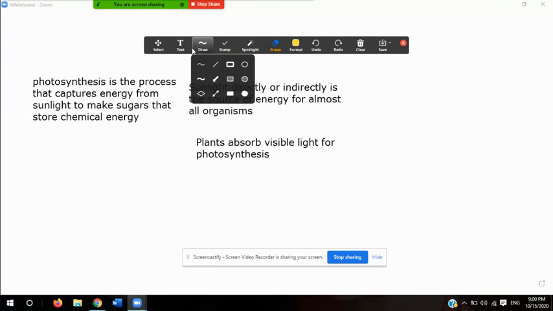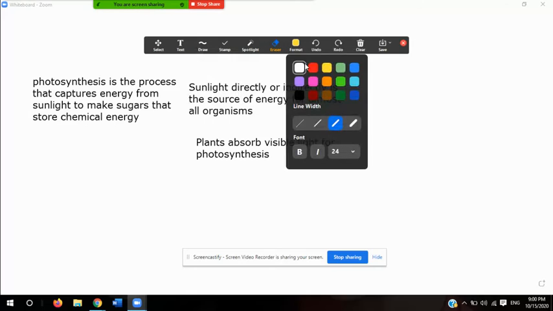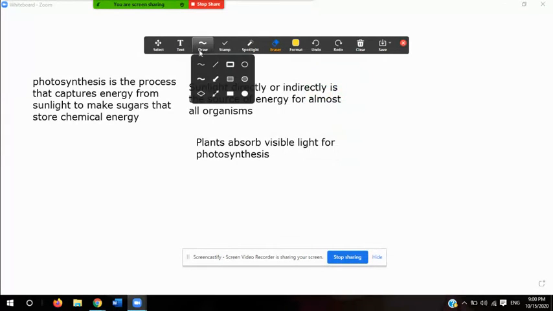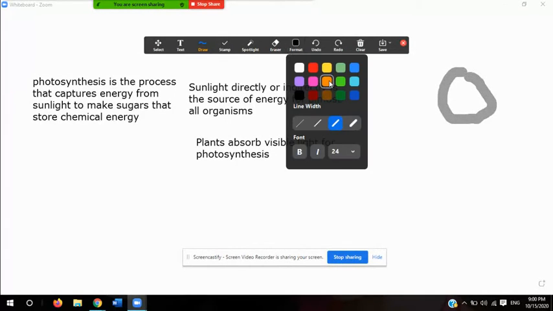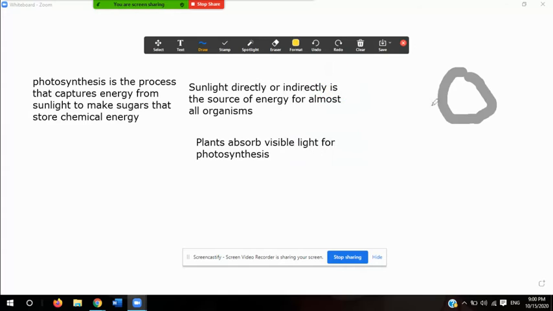We have our sun, or at least what we can perceive from the sun. Our eyes perceive the sunlight as yellow, or orange if we're looking at a sunset or a sunrise.